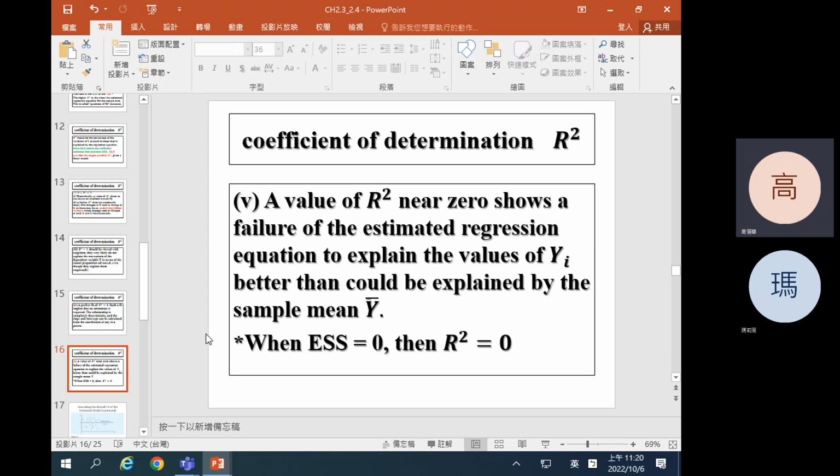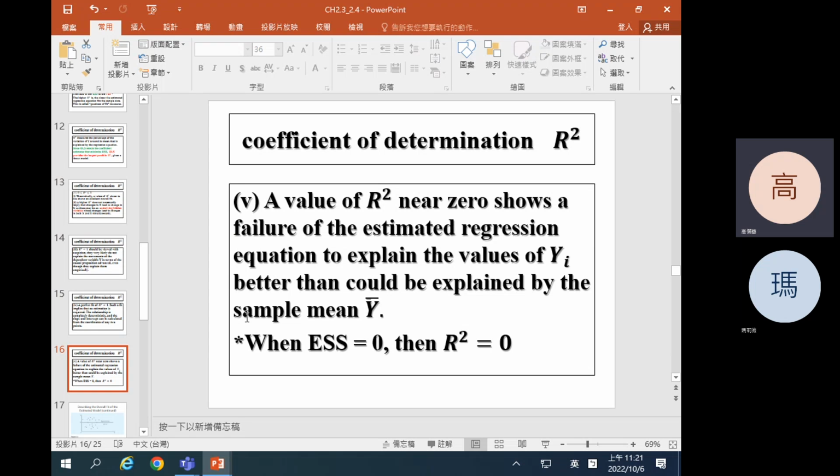So if we don't have any estimation or estimators, the best we can do is use y bar. But if we have some estimator like OLS, we will get the R squared, which must be greater than 0, because with the OLS, we can have this estimated regression, which is different from just y bar.